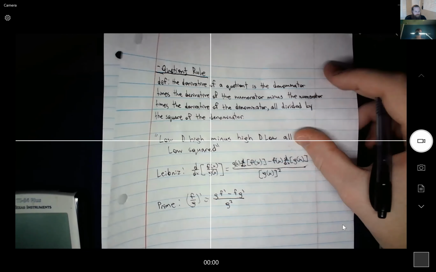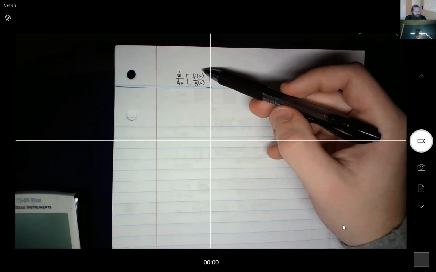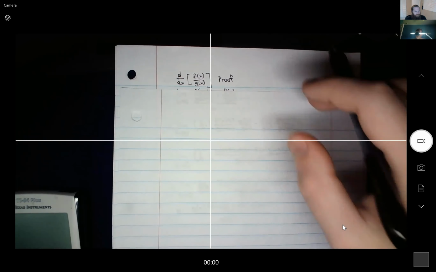And so there's another proof for this one. I thought this proof was really helpful too. So we're going to prove that the derivative of a function divided by another, f of x over g of x, equals the function just shown.